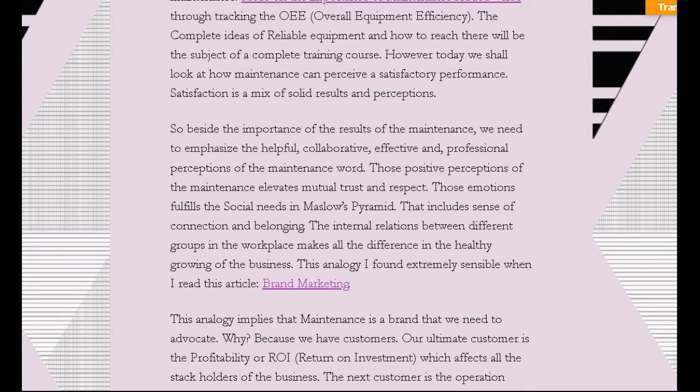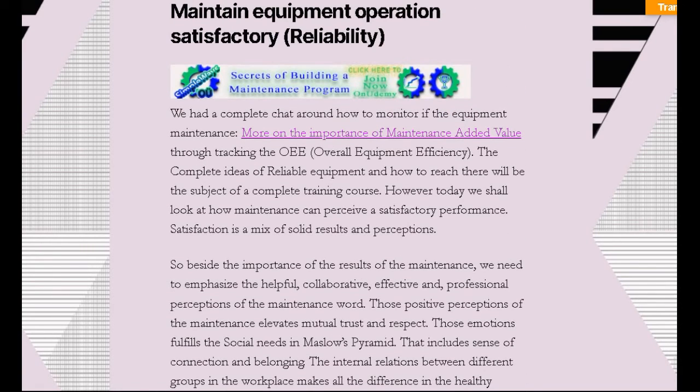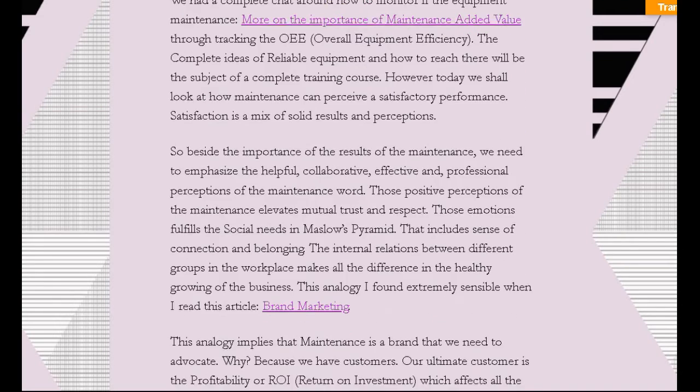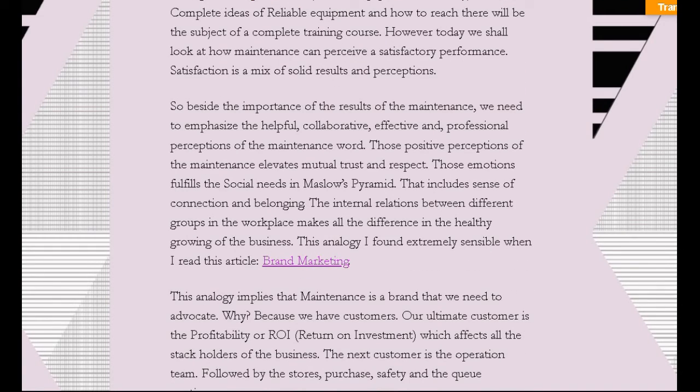So the results of the maintenance are important, yes, but we need to think of something more than the result of the maintenance. That's a very important item, and we need to add it here while we are speaking about making the maintenance satisfactory, or making the equipment operation satisfactory based on the maintenance. That's a very important mental, visual, or imaginary thing.